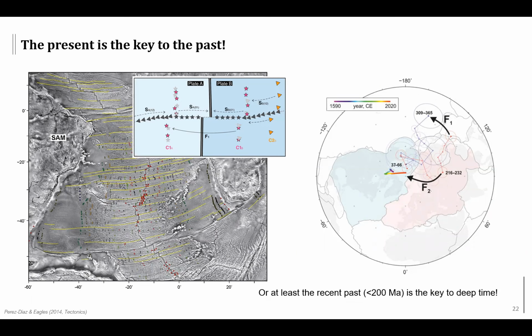We can observe plate motion, plate behaviors, the dynamics of plate motion, and then apply those things to deeper time. When we go further back in time, when we have very little to go on, it's very difficult to model plate motions, and it's a much more qualitative process. Maybe we can start writing the first chapter of that rulebook using quantitative recent past plate models.